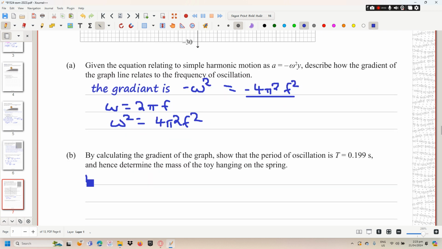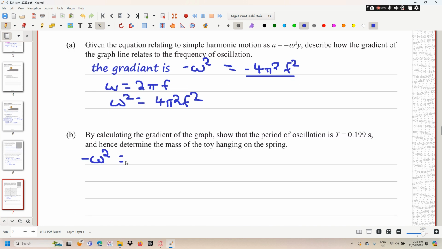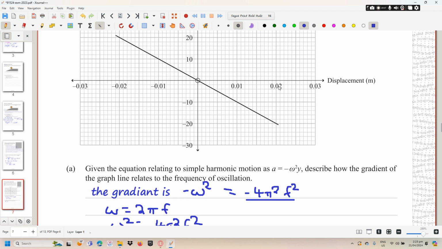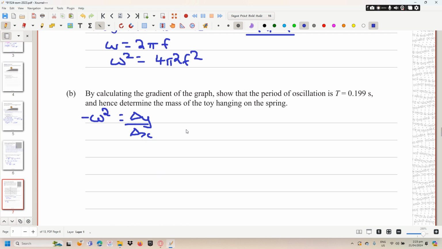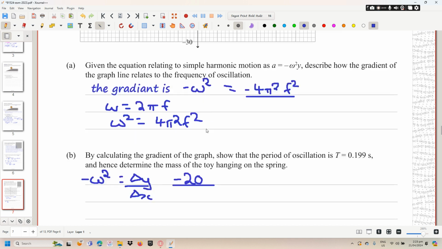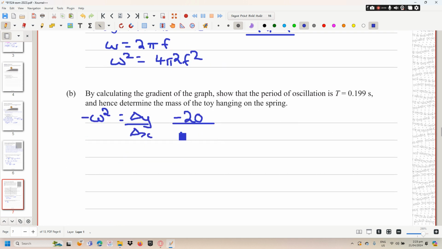We know that the gradient, we'll call it negative w squared, is equal to a change in y over a change in x. If we go from 0.02 to minus 20, for example, the y change is minus 20, and the x change is 0.02.